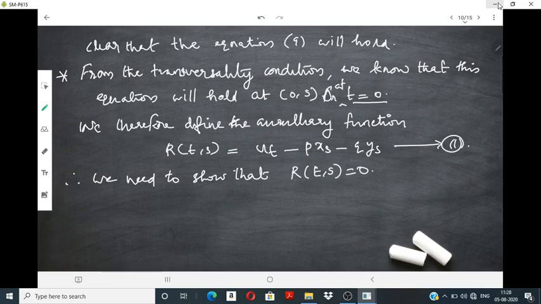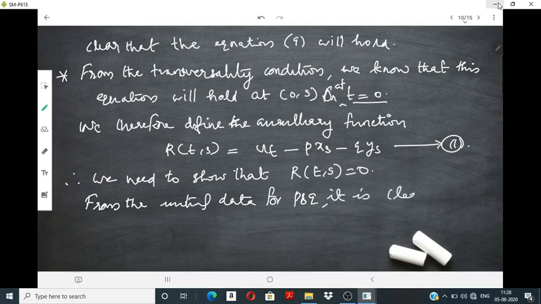And from the initial data for p and q, it is clear that r at 0, that is when t equal to 0, this holds.